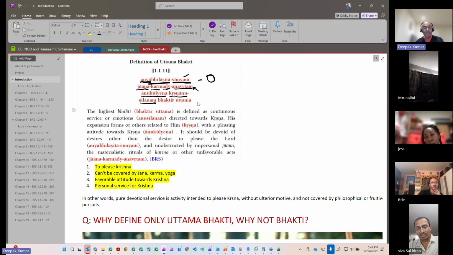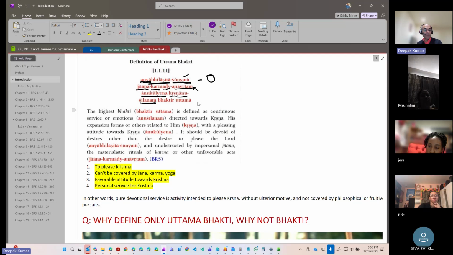Okay. See, most of us, and I will comment myself, it's not that I'm asking you, this is the question I have to keep asking myself. As Mataji and Mrunali Mata are saying, we are a work in progress. Depending on where we are, most of us would say that I have some desire. It may be a very proper desire.